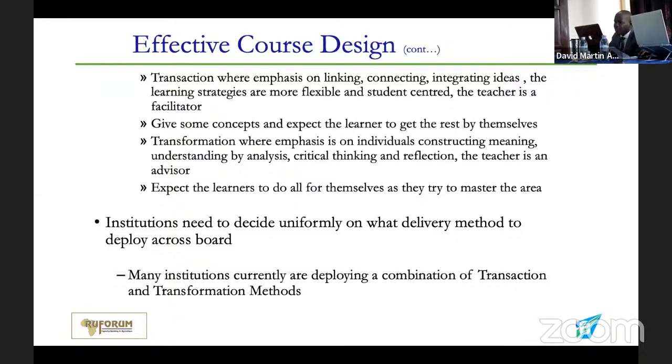The third delivery method is what we call transformation. Now, before I go to transformation, you clearly see that transaction relates to the strategic approach.